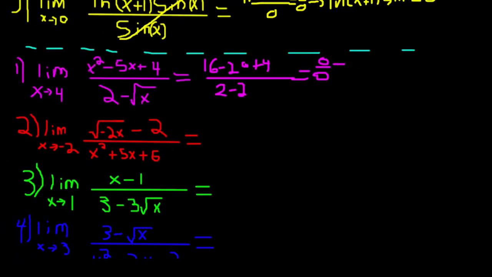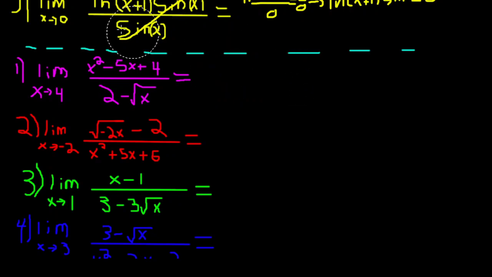So instead, what we are going to do, let me back up here, give myself some more space. We're going to rationalize this. So let me show you what that means. x squared minus 5x plus 4 divided by 2 minus square root x.